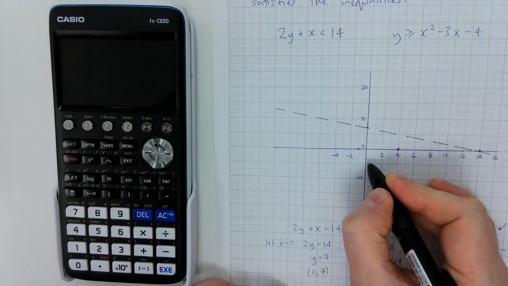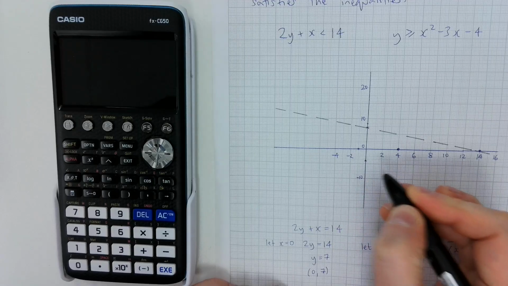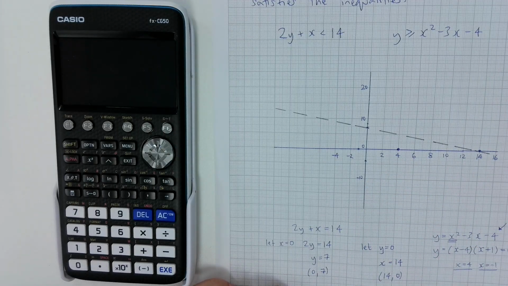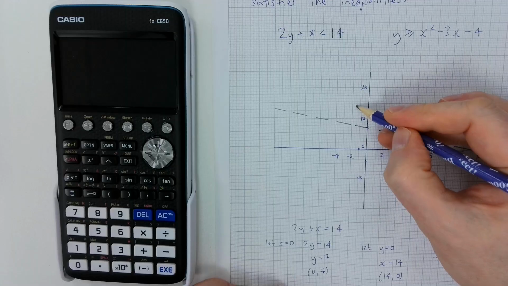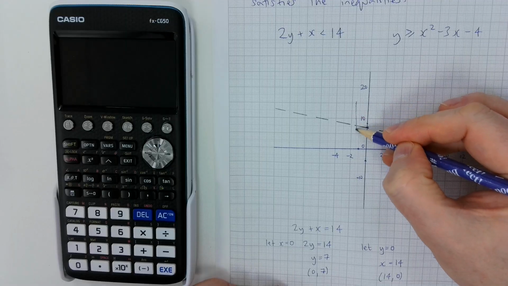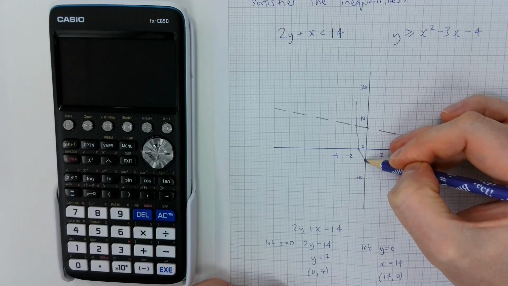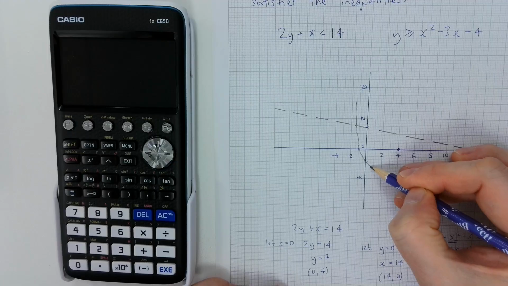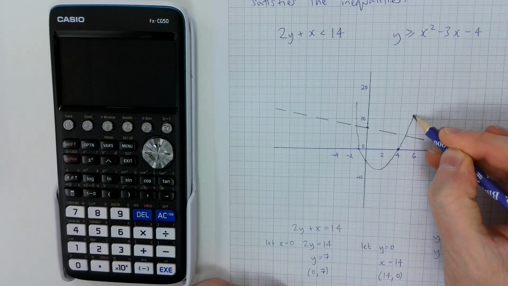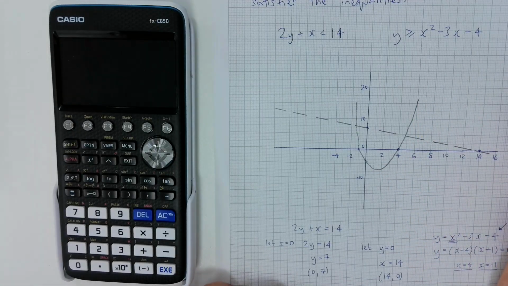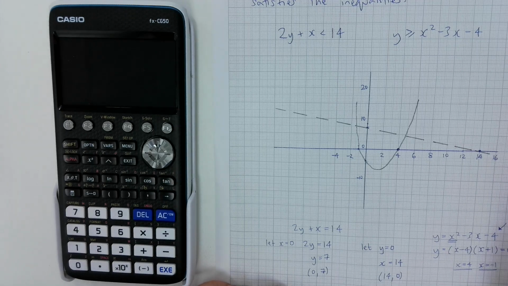So let's put that detail in as well, so that'd be about here. And I'm going to do my best to join this up with a nice smooth curve. Here we go. Oh my goodness. And that is pretty good, I think. Okay, so pretty pleased with that.